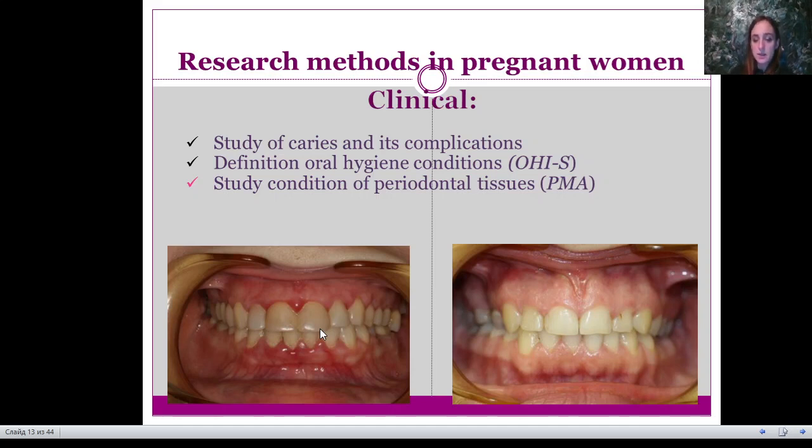And this can lead to swelling and bleeding gums, and even to more serious forms of gum disease such as periodontitis and pregnancy gingivitis.